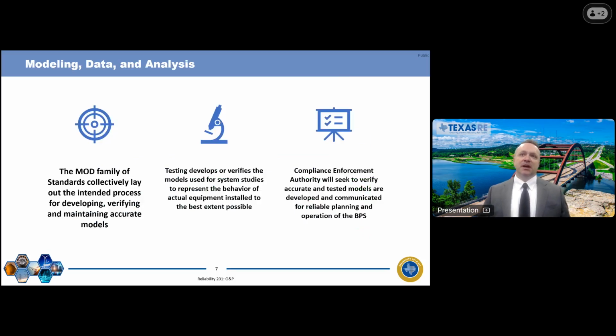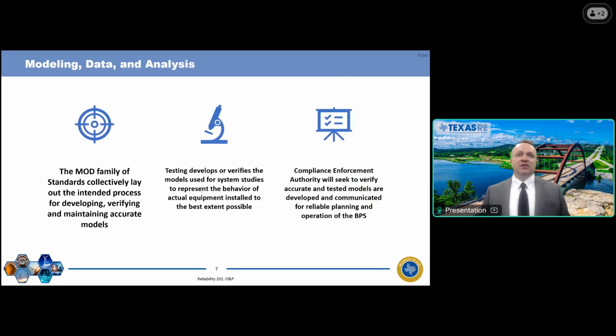So collectively, the MOD family of standards are setting up the intended process to develop and verify accurate models to represent real life behavior on the grid.